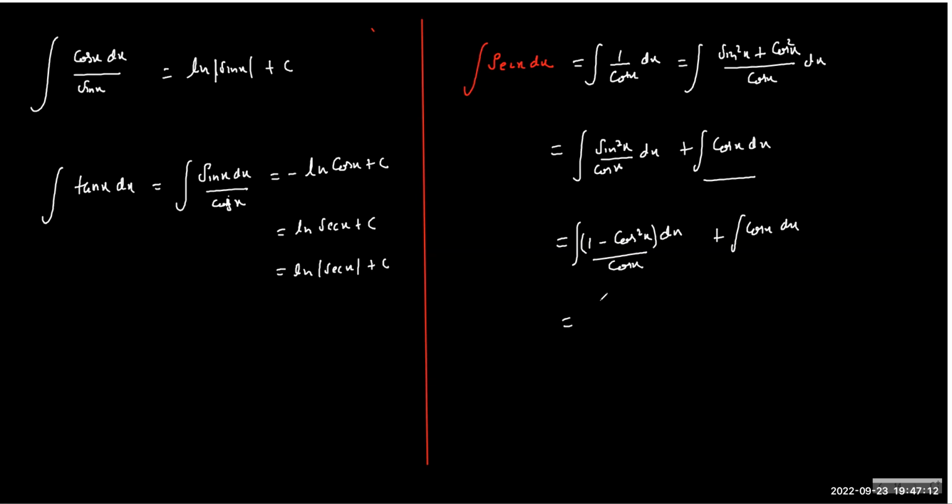What do we get here if I do so? Oh, it will cancel out if I write it once again: 1 by cos x dx, which is sec x, minus cos x dx plus cos x. Okay, I proved that. Both are equal.